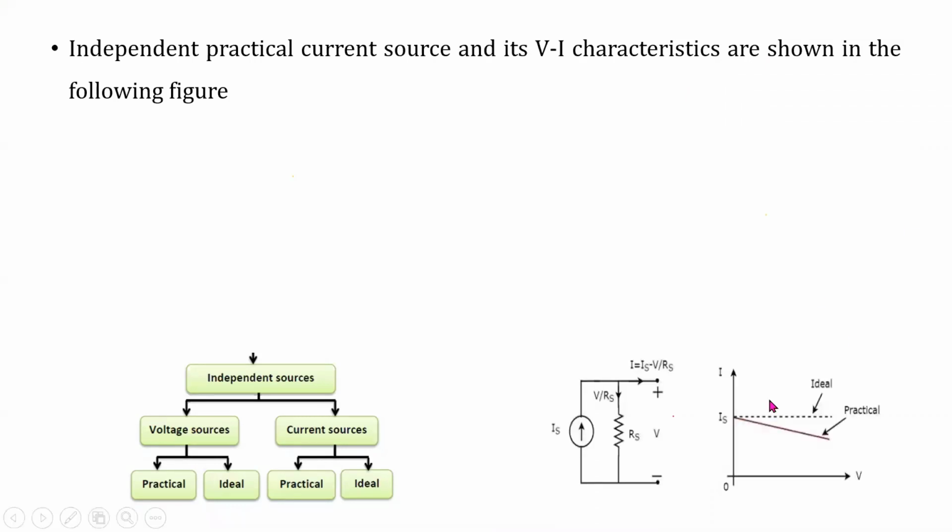There is a slight deviation in the VI characteristics of a practical independent current source compared to the ideal VI characteristics. This is because of the internal resistance. In a current source, the internal resistor is always connected in parallel. In a voltage source, the internal resistor is always connected in series.